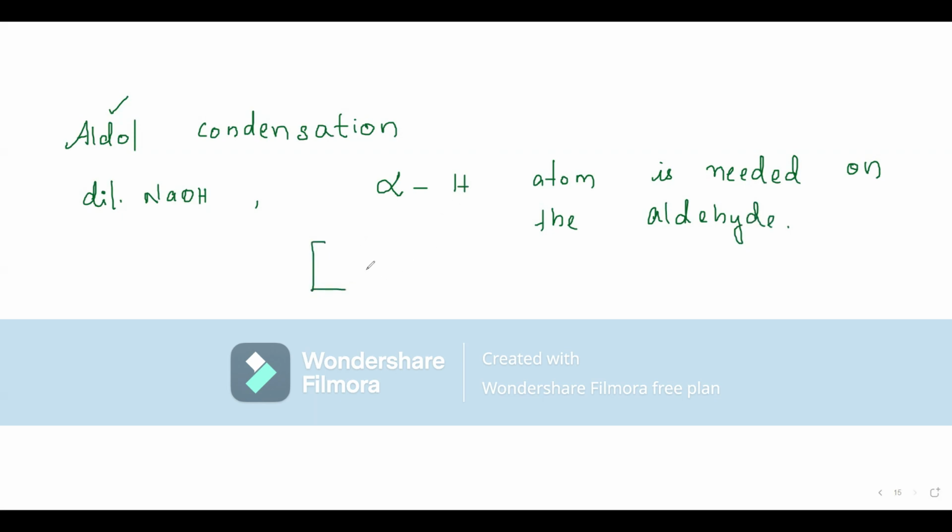So let me write here those aldehydes that cannot react: HCHO and C6H5CHO cannot answer this; they won't react. Aldol condensation is not answered by formaldehyde and benzaldehyde because both of them do not contain alpha hydrogen. Now, what is this alpha hydrogen?